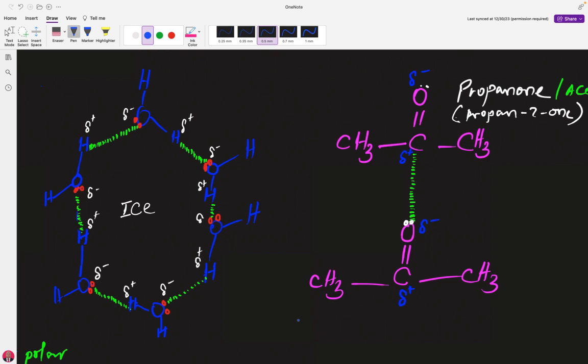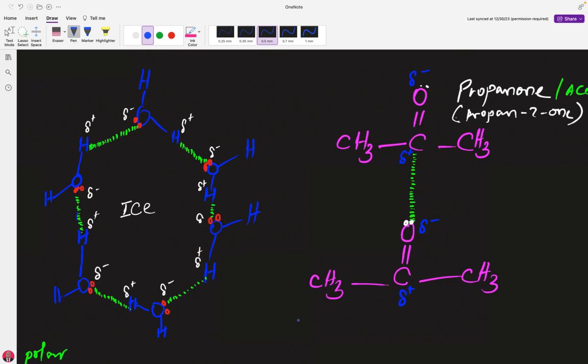We have London dispersion forces. These are forces that are being induced. Now, there are also dipole forces. Then there are also hydrogen bonds.